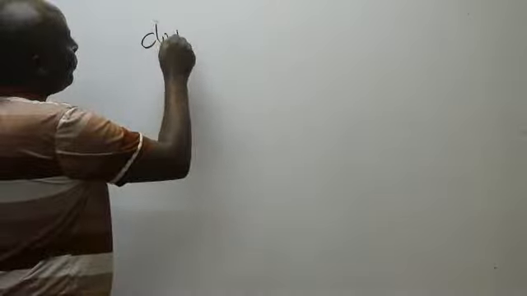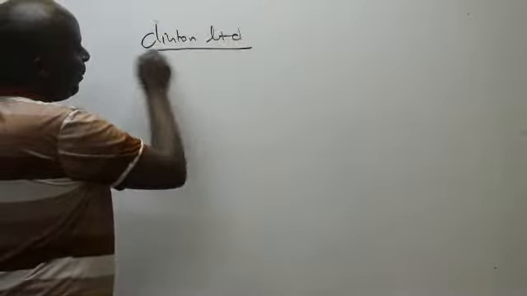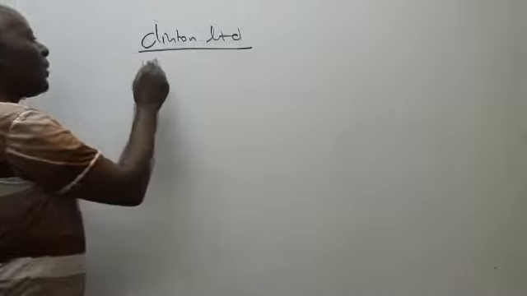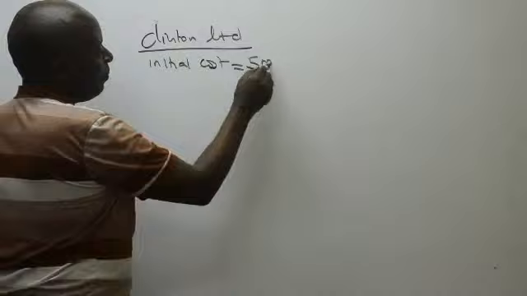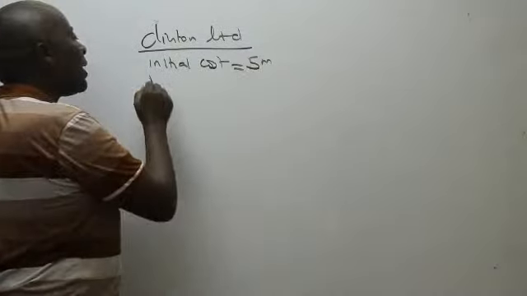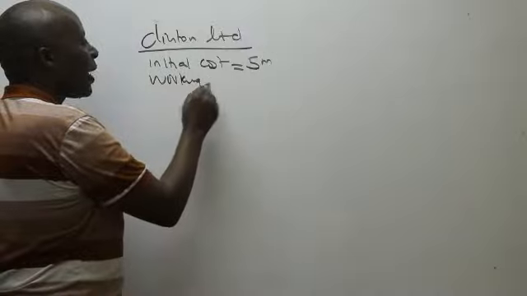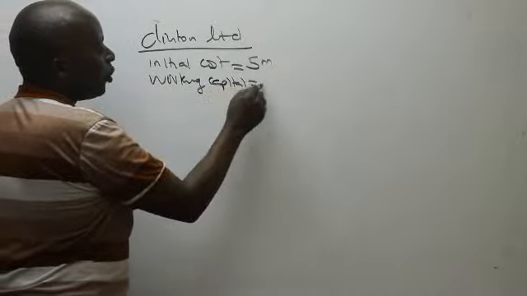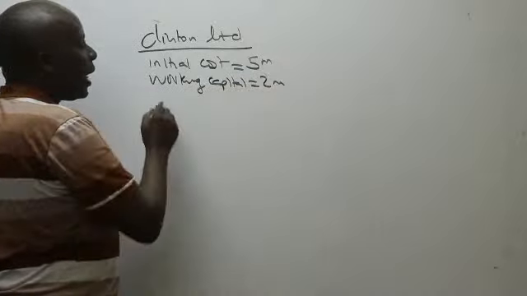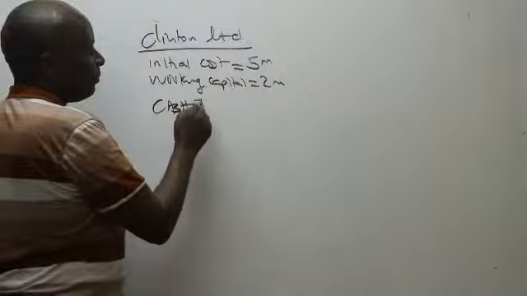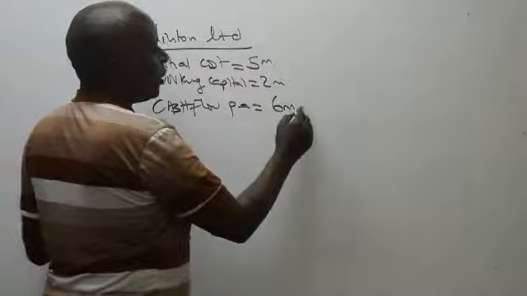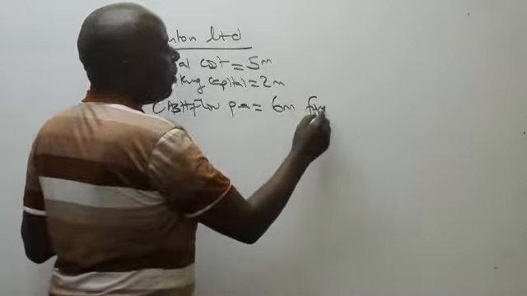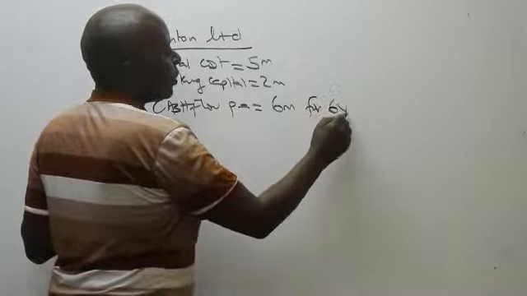Thank you very much. So now we have Clinton Limited. Clinton Limited has a project. Its initial cost is 5 million, but it needs working capital of 2 million. Then we have a cash flow per annum of 6 million, for how many years? 6 years.